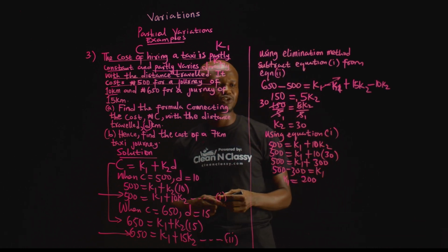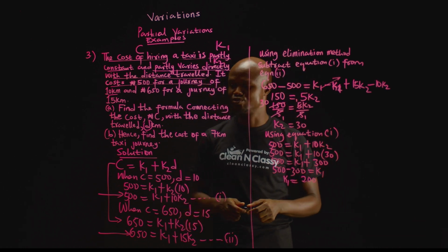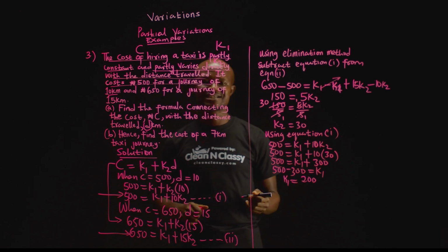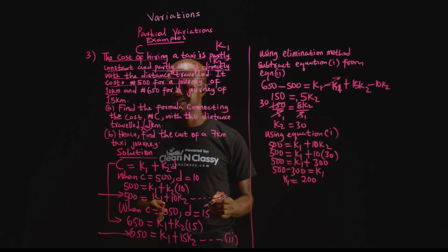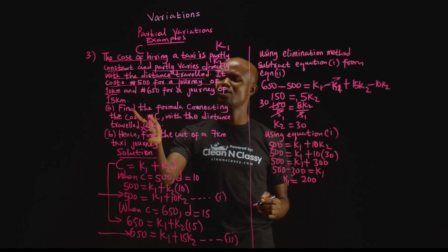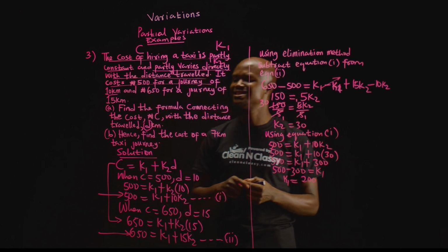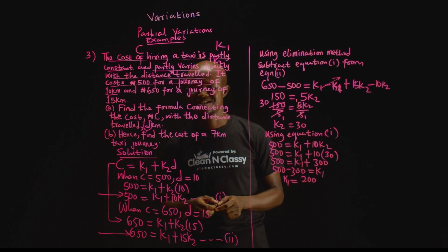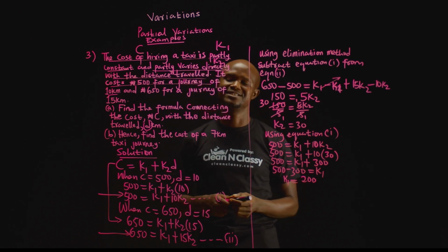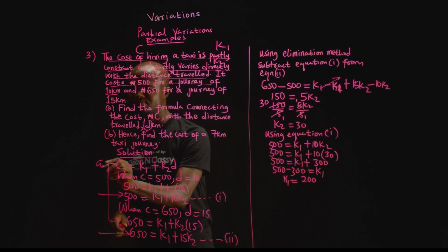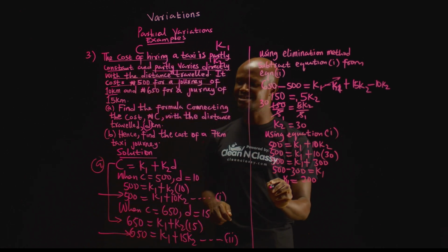So we have the values for K1 and K2. Now we can write the equation connecting the cost C with the distance D, because that is what the question asks.